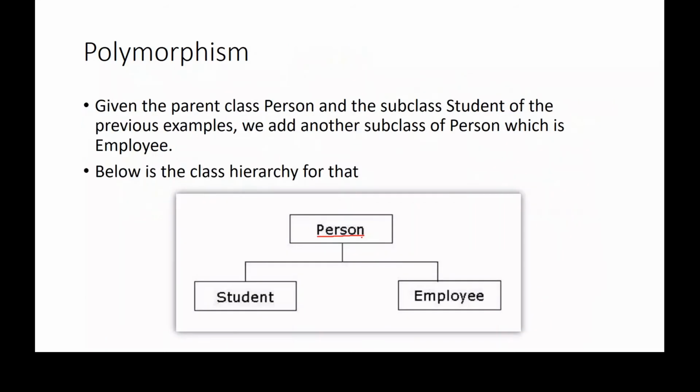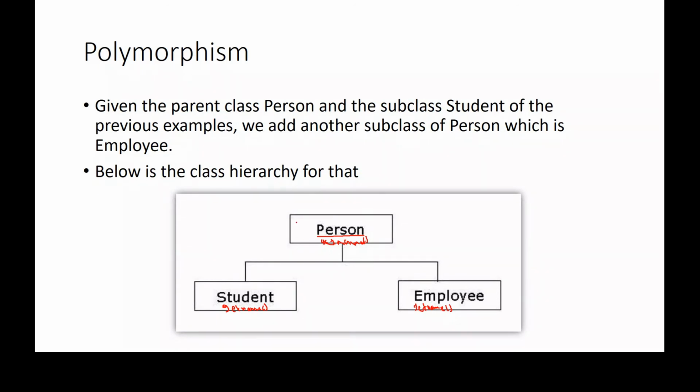So here we have a method called getName, and we will have the same method name, getName, exactly the same, no change. This is called overriding.